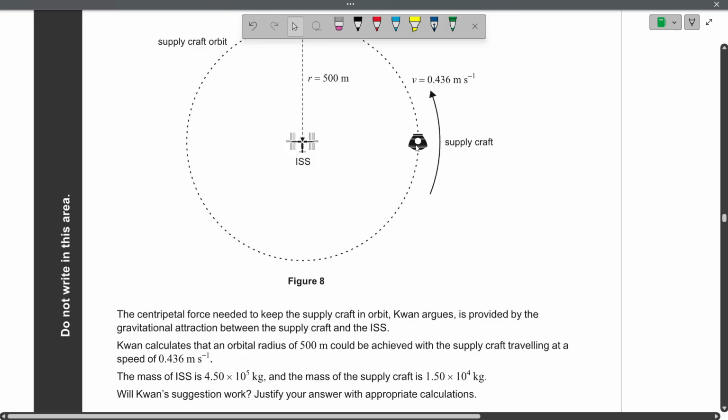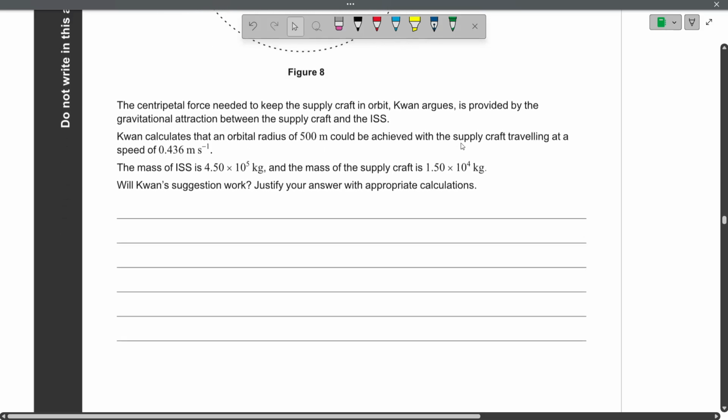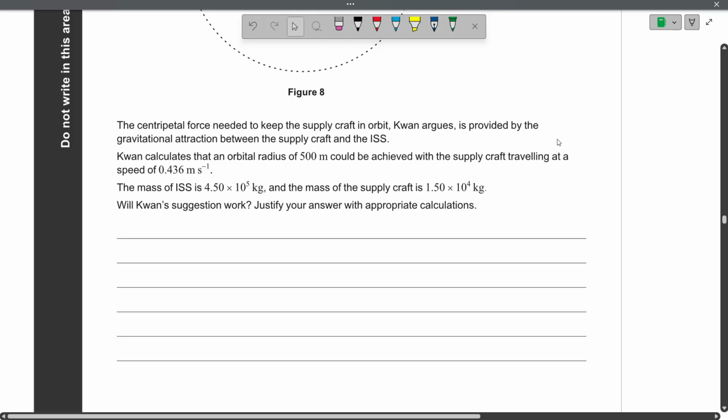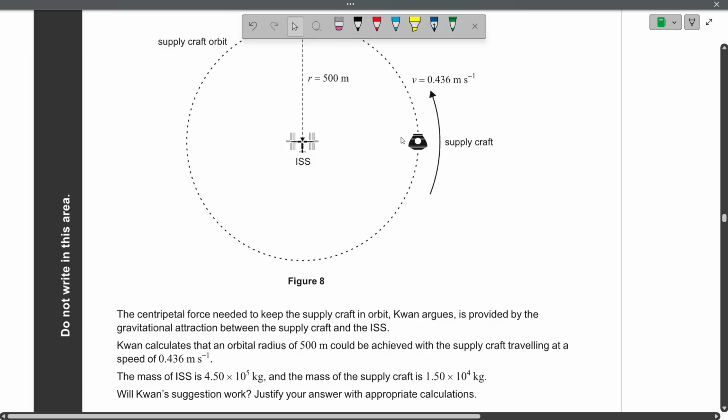He's saying that if I put my supply craft here, then purely just the gravity from ISS acting on the supply craft would be enough to keep it in this orbit at this speed. Okay? So in order to assess Kwan's suggestion, what we'd probably need to do is work out, if it was placed 500 meters from the ISS, what would be the gravitational force acting on your supply craft?